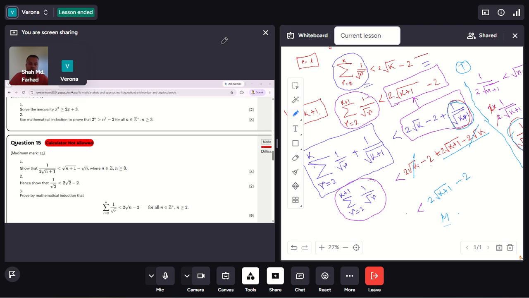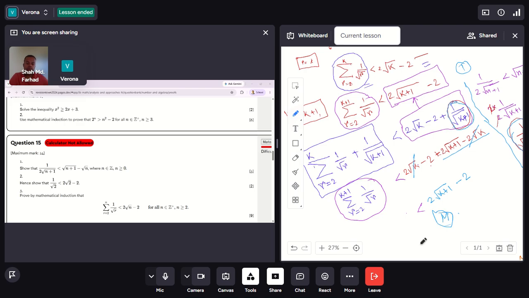And then accuracy marks are also there, and follow through marks are there. Basically methodology, accuracy, and follow through reasoning are mostly used.